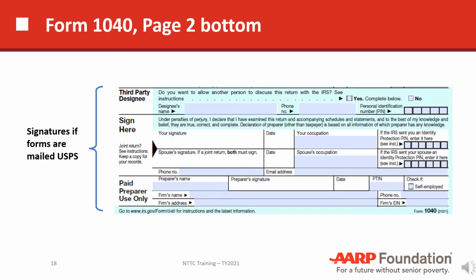You will, however, see probably occupations, and you will see the IRS identity protection PIN over on the right-hand side. So IRS identity protection PINs are getting very important and are being used to protect taxpayers against fraud. So as years go on, we're going to see these fields being used more and more often. I certainly use them on my tax return now.